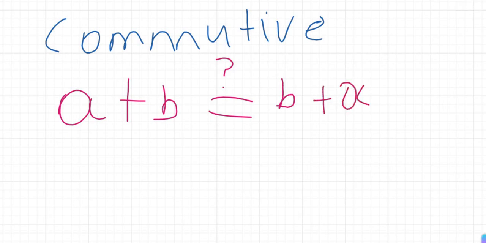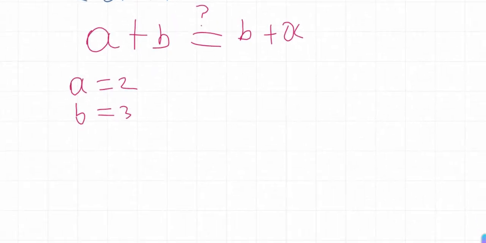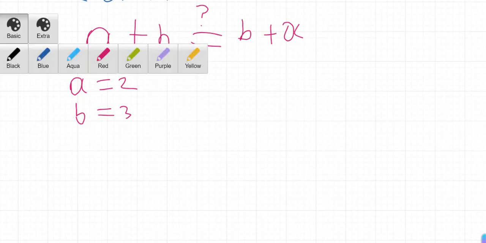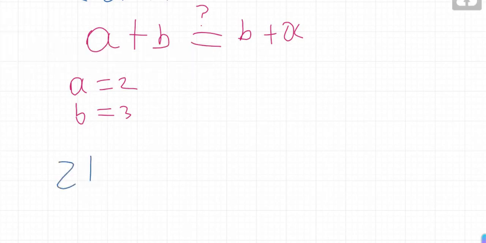Well, let's try. Let us use real numbers to find out. Say A is equal to 2 and B is equal to 3. Now, if I substitute these numbers into the variables, let us see what we get. On the left hand side, we'll have 2 plus 3 equal to 3 plus 2.